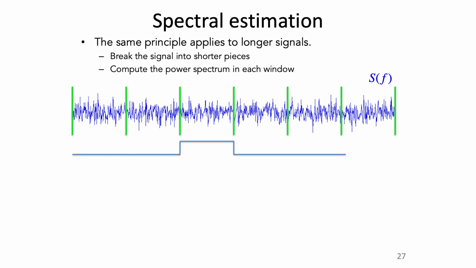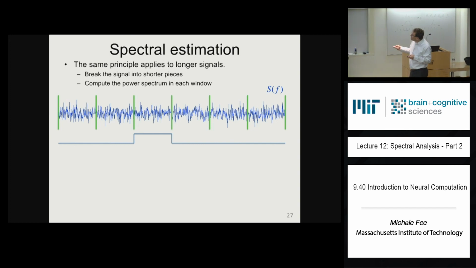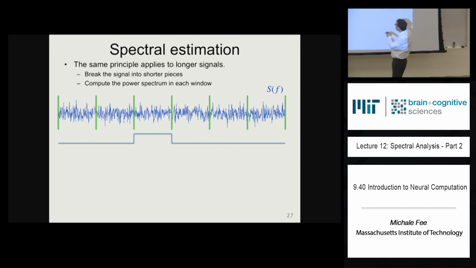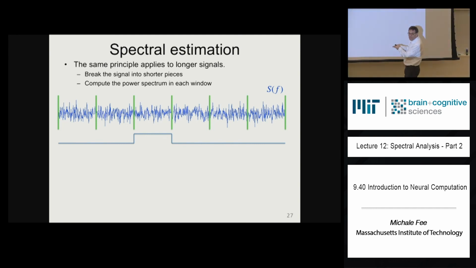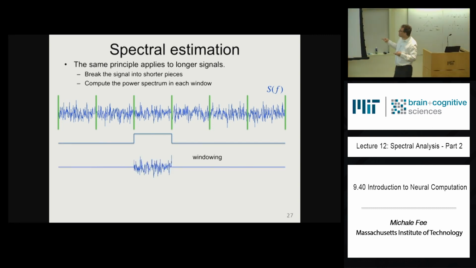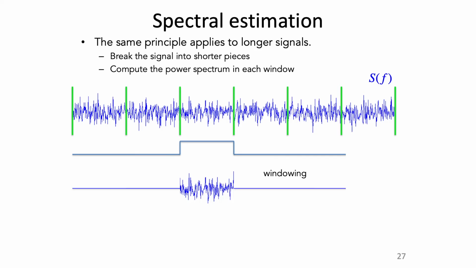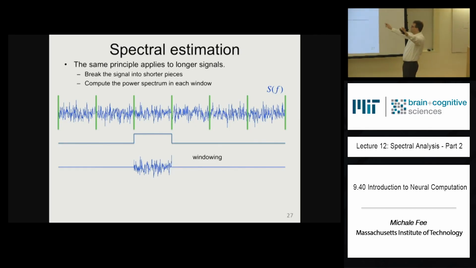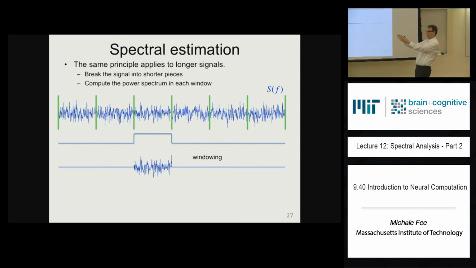Now, extracting that little piece of signal from this longer signal is essentially the same as multiplying that long signal by a square pulse, right? 0 everywhere, but 1 in here. 1 here, 0 everywhere else, right? So that process of taking a long signal and extracting out one piece of it has a name. It's called windowing. It's sort of like you're looking at the scene through this window, and that's all you can see.